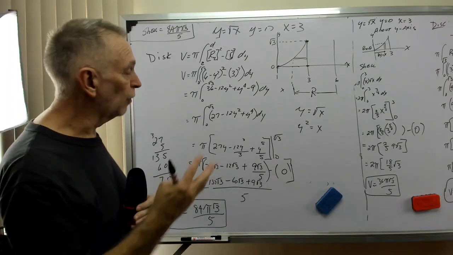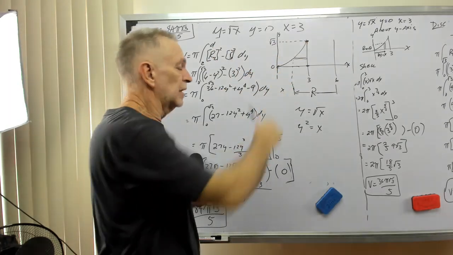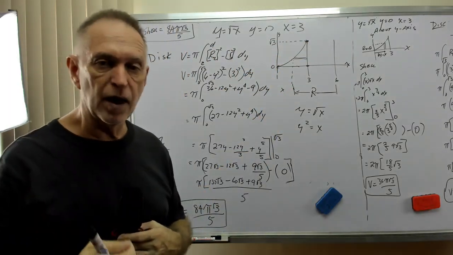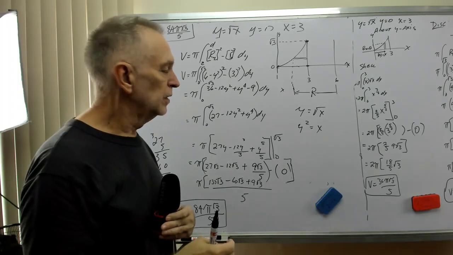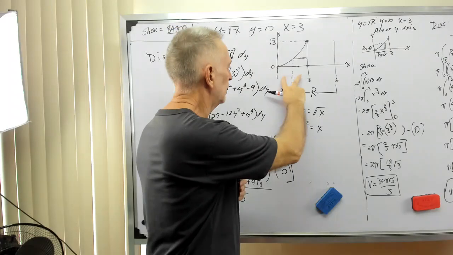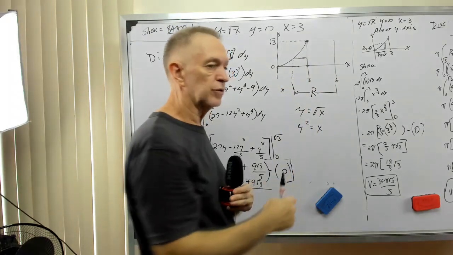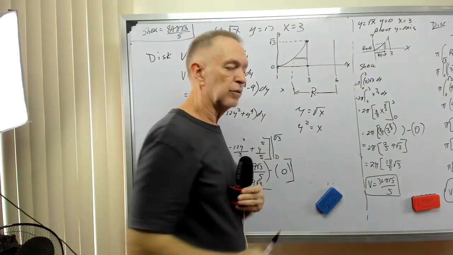That's 4 problems now we've worked using the same functions, but we've rotated around X in part A, or the first video on volume. Part B, we rotated around the y-axis. Part C, we rotated around X equals 3, and now this is part D. We've rotated around X equals 6.